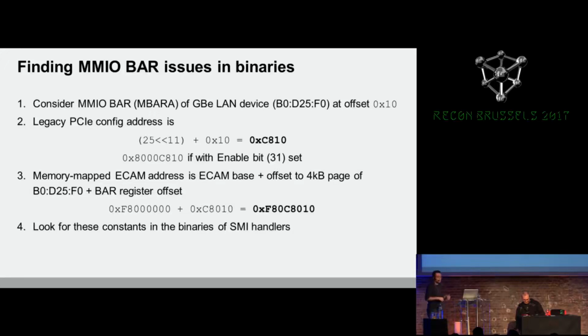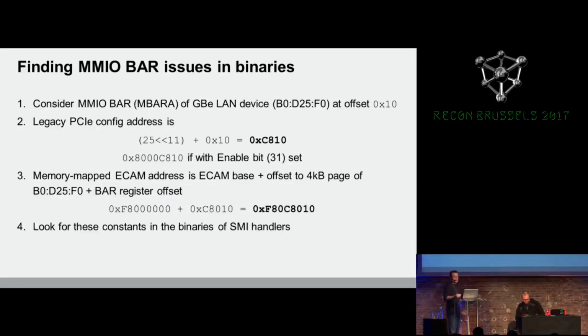For the second mechanism, it's calculated similarly. The memory-mapped config space is divided into 4 kilobyte chunks for each bus, device, function, and the register is somewhere within the 4 kilobyte chunk for that particular device. So you need to add the memory-mapped config base address of this config space, and you need to add an offset. You need to find the 4 kilobyte chunk within the memory-mapped config space, and then find the register within that chunk.